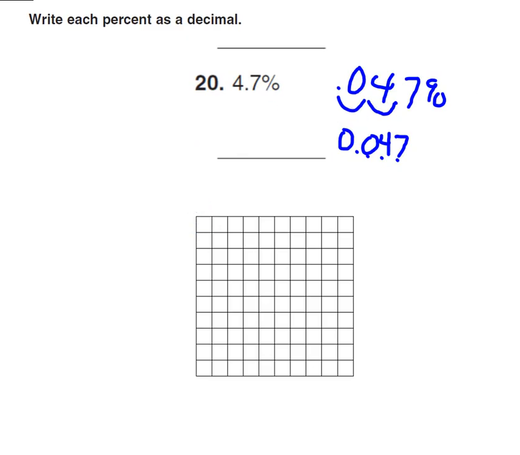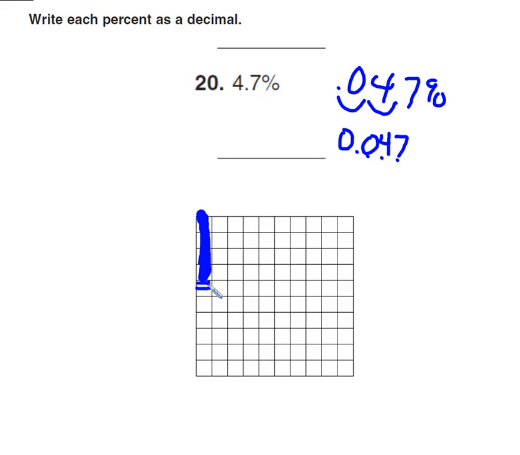So let's color in 4. Let me get a little thicker pen here. This would be 4. Okay, and then it would be 7/10 of a percent. So 5/10 of a percent would be half. So it'd be just a little teeny bit more than a half of one of these squares.